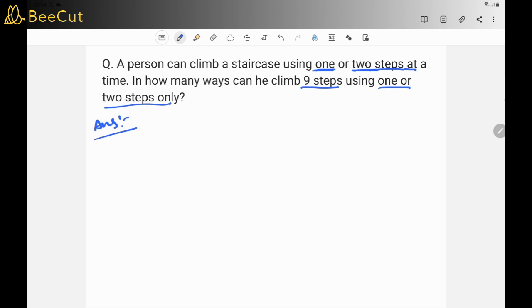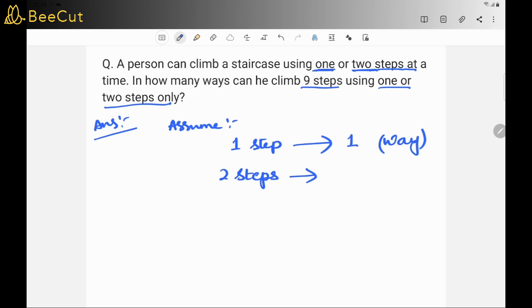Now assume that the staircase has only 1 step. So he can climb it using 1 step. So this is one way. Now if there are 2 steps in that staircase, he can climb this staircase taking 1 step at a time.